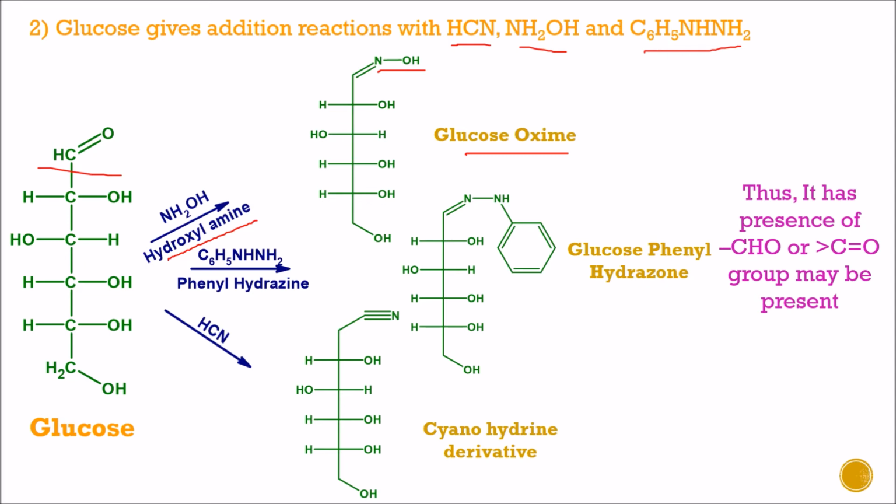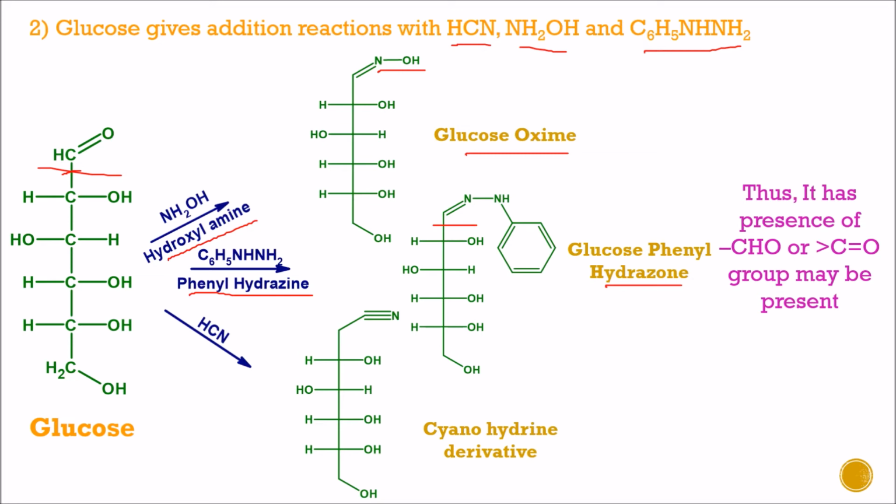Here, when glucose reacts with phenylhydrazine, that is C6H5NHNH2, the addition reaction at the functional group carbon, that is aldehydic carbon, carbon number 1, takes place and phenylhydrazone formation takes place. Here CHO group is replaced by phenylhydrazone group.